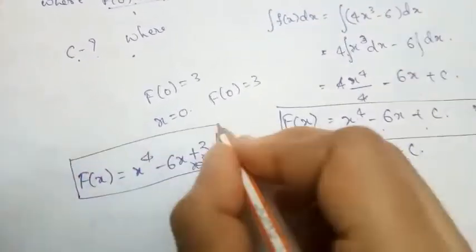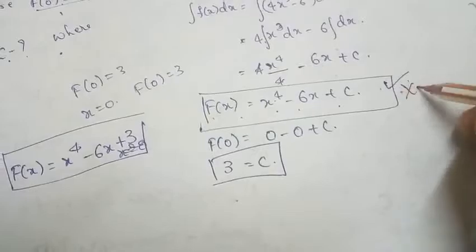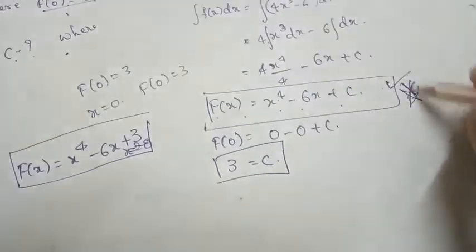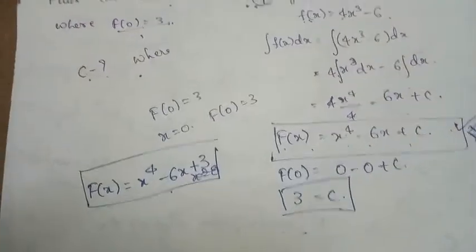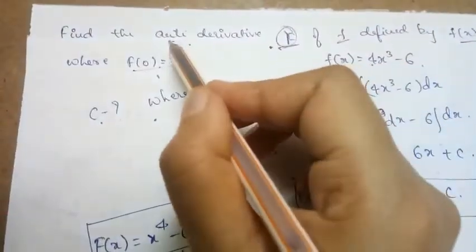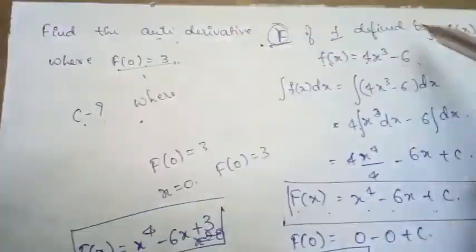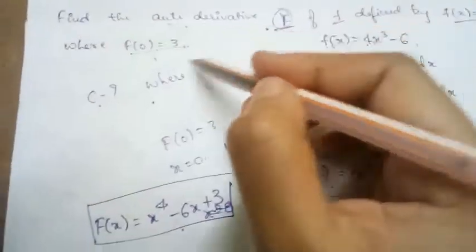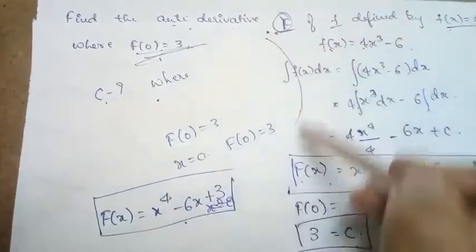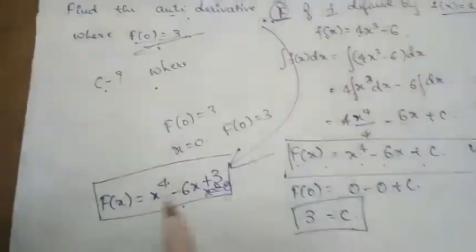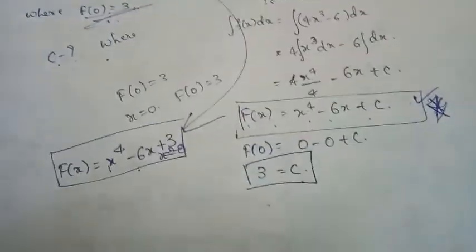Substituting the value of c in this equation star, I can get a unique antiderivative of the given function. When they have mentioned that point, I can get the one antiderivative of the given function.